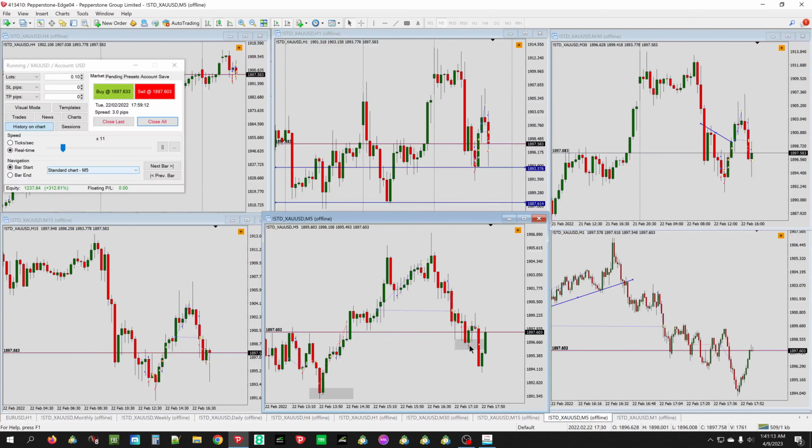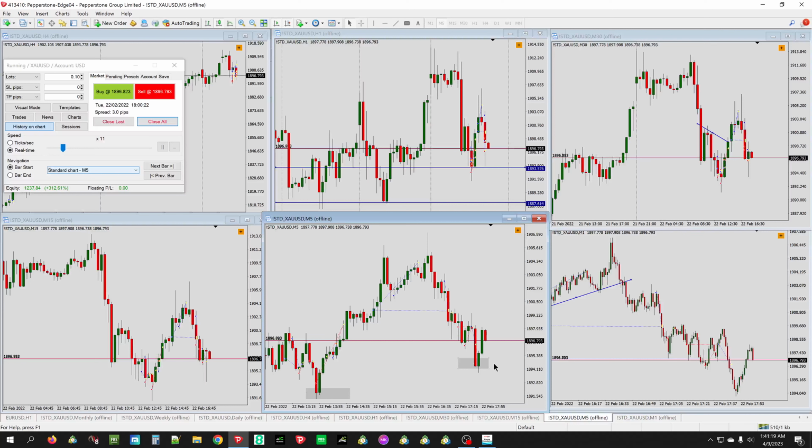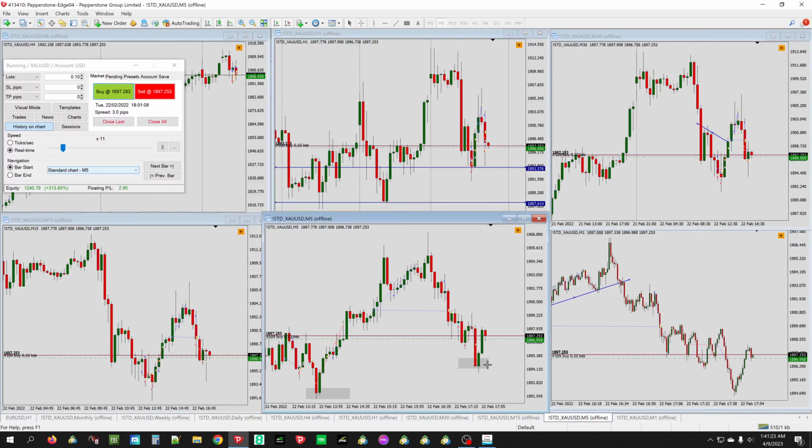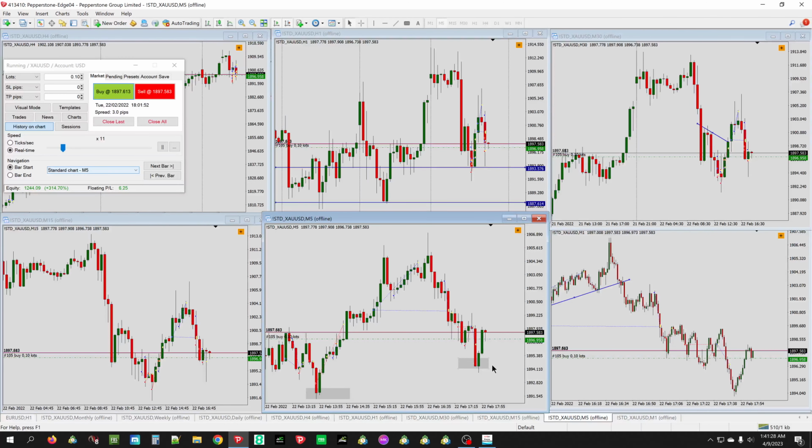Now this is confirmed support formation, and I have lost a lot today, but I will still execute these trades.